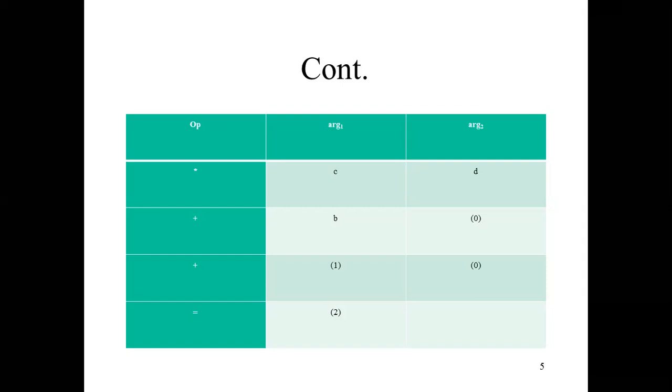So the first row is written as it is: star, argument 1 C, argument 2 D. In the second row, you can see the operator is plus, argument 1 is B, and for argument 2 we will write the line number. So in place of R1, here we will write 0.